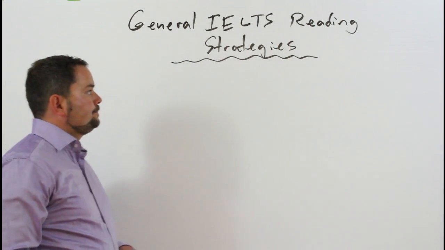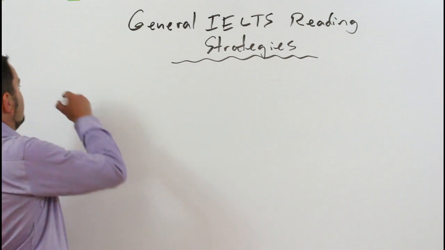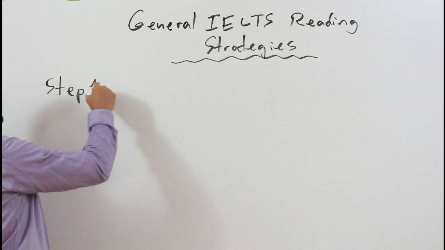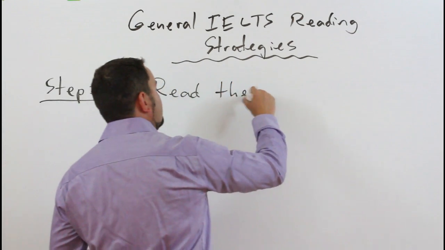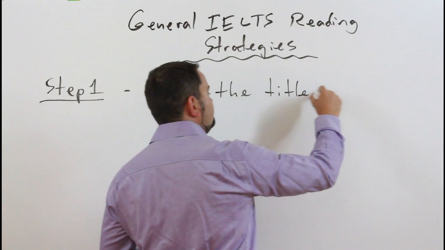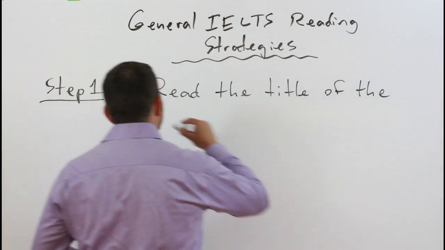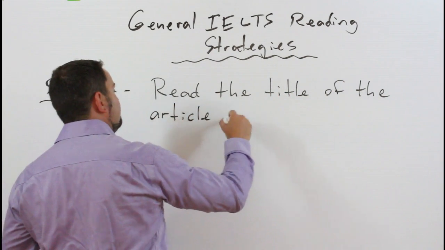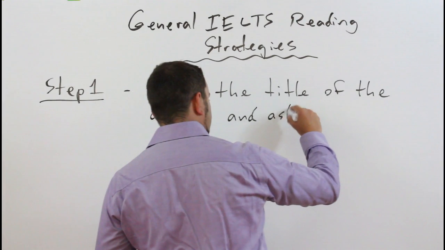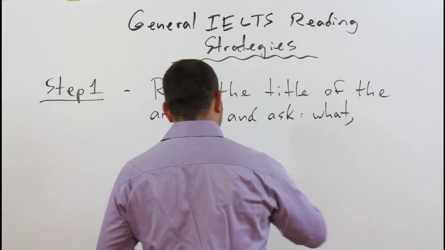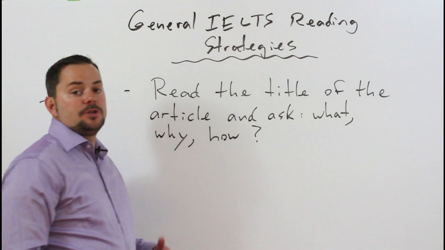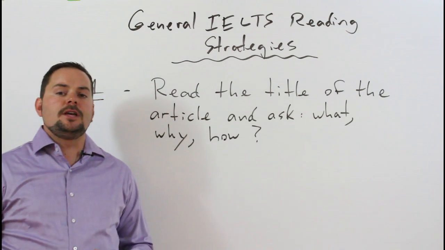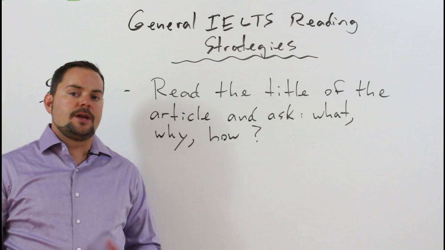So again, remember the first step, step 1 is read the title of the article and ask what, why, and how. So let's have a look at the title of the article that we're using right now, and let's ask these questions.